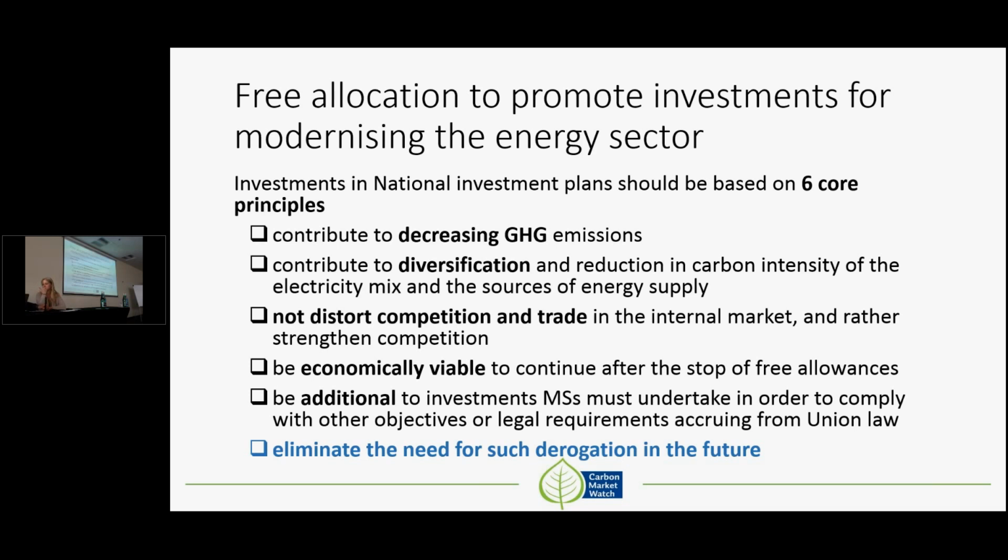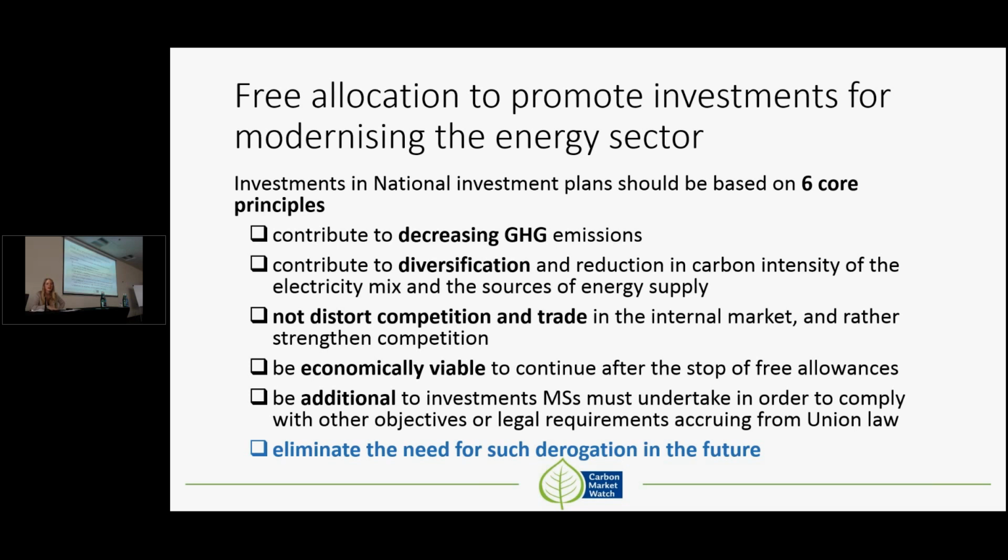So the question was about investing in co-firing coal and biomass. The problem is that they're pushing for the next period that heating would also be one of the sectors supported through this derogation.